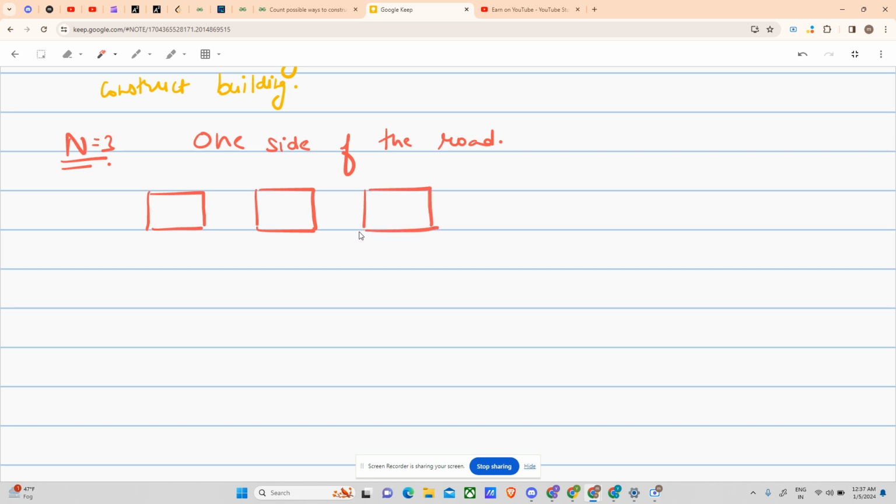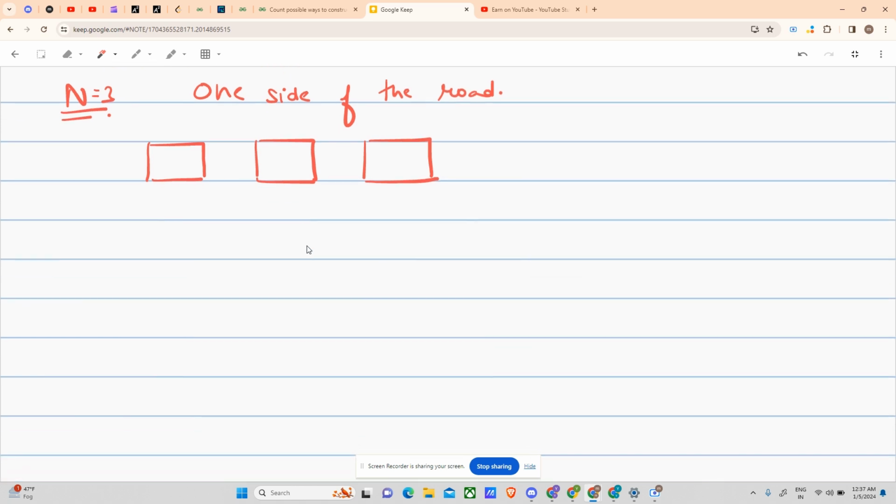Now I have to fill them with the condition that no two buildings can be adjacent. So what are the ways? Firstly, I can fill a building here. If I fill a building here, this will automatically become S. B means building, S means empty space, or you can also say only space.